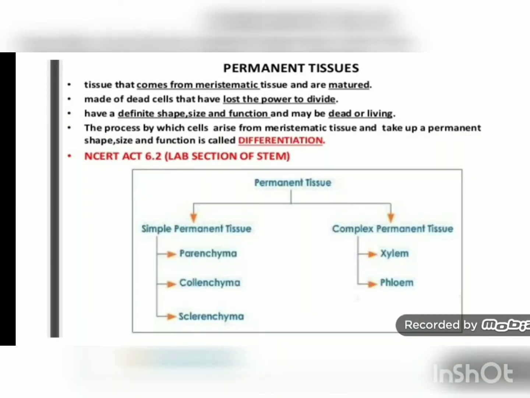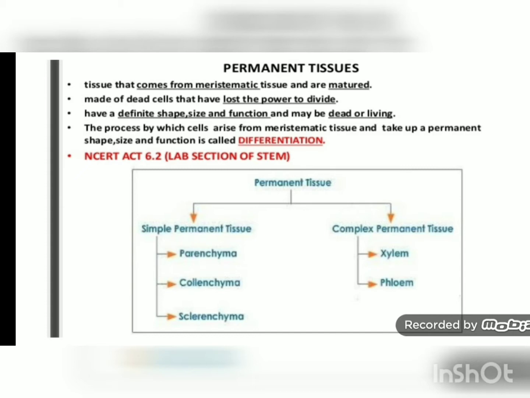Permanent tissue. The tissue that comes from meristematic tissue and has matured is called permanent tissue. It means in permanent tissue vacuole is present, and permanent tissue has lost the power to divide. Mostly permanent tissues are either dead cells or are made up of dead or living cells.